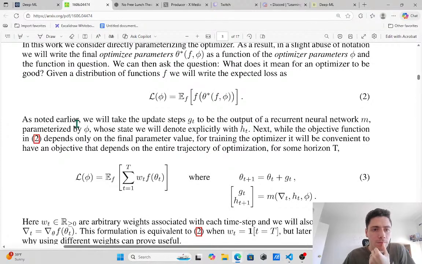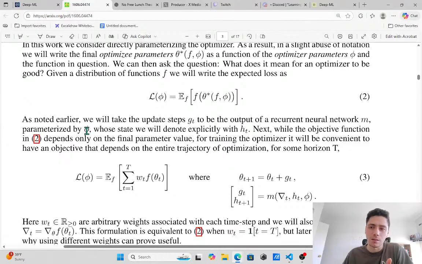Let's see. Okay. Earlier, we will take the update steps g_t to be the outputs of your current neural network, parameterized by phi. Theta with a line in it will be the weights.